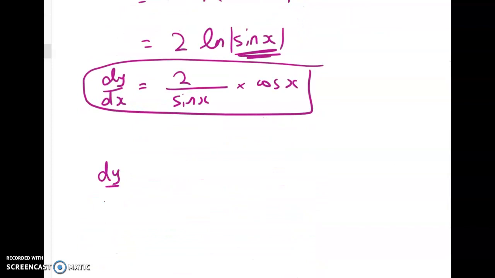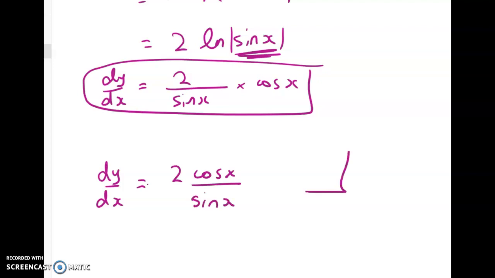All right, so dy by dx is equal to 2 cos x over sine x. We've got 1, root 3 and 2 here, and here is pi on 6.